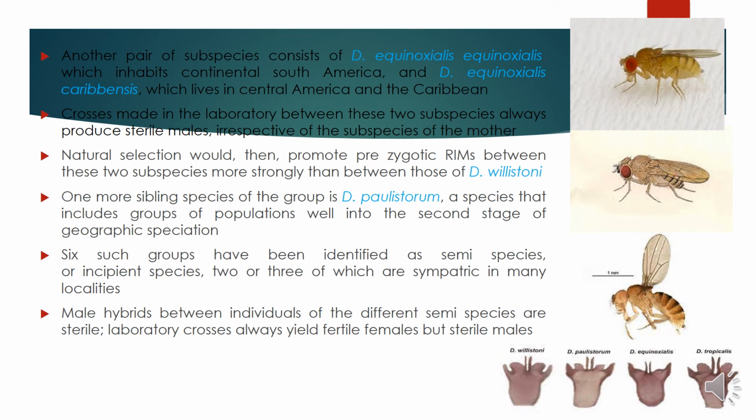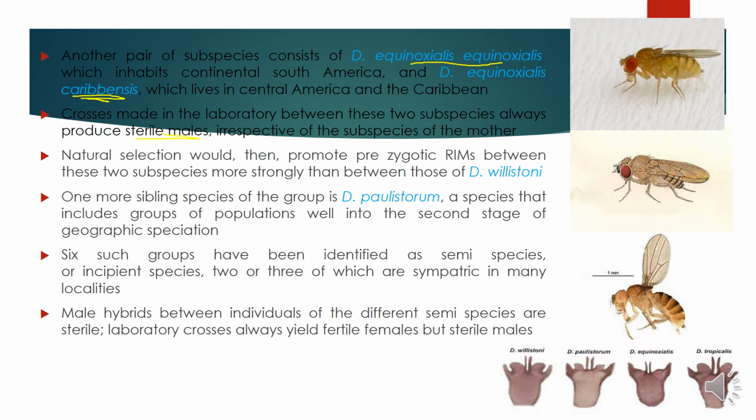The same result was obtained with two other subspecies, Drosophila equinoxialis and Drosophila equinoxialis caribensis. They were mated under lab conditions, and they also showed a certain amount of sterility.